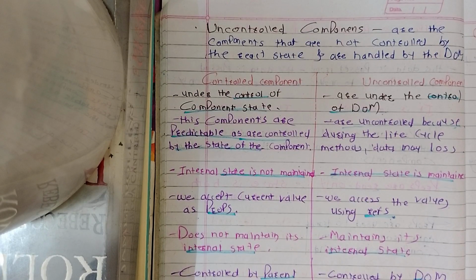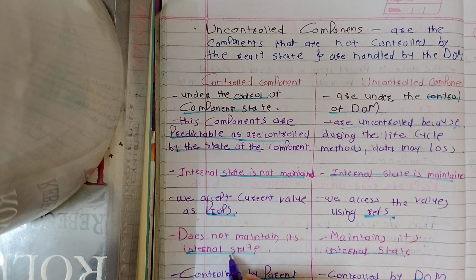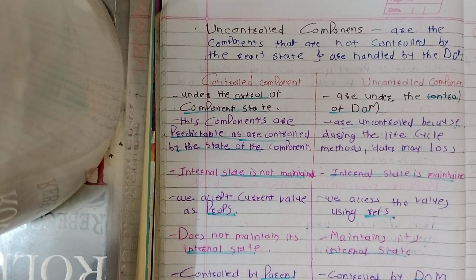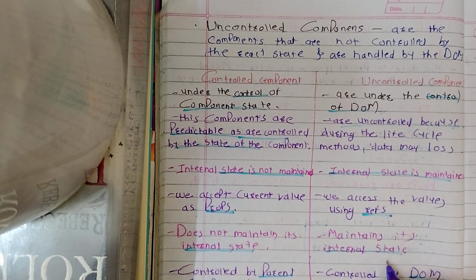With the help of references we access the value. A controlled component uses the virtual DOM, so it does not maintain its internal state, whereas an uncontrolled component maintains internal state because it is directly connected to the DOM.